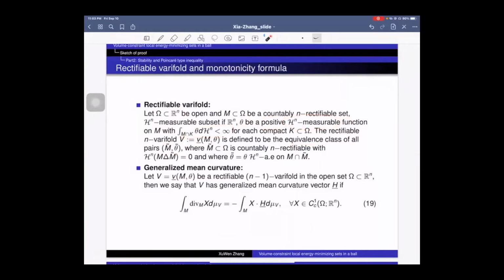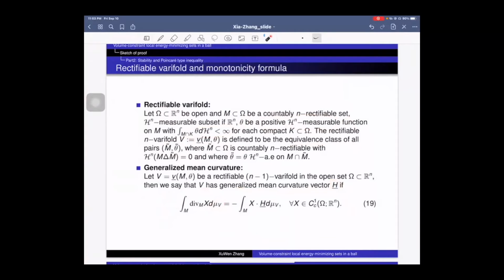And for a rectifiable varifold, an important thing is the weight measure mu V. And we say that the rectifiable varifold V has a generalized mean curvature H if such a formula holds.